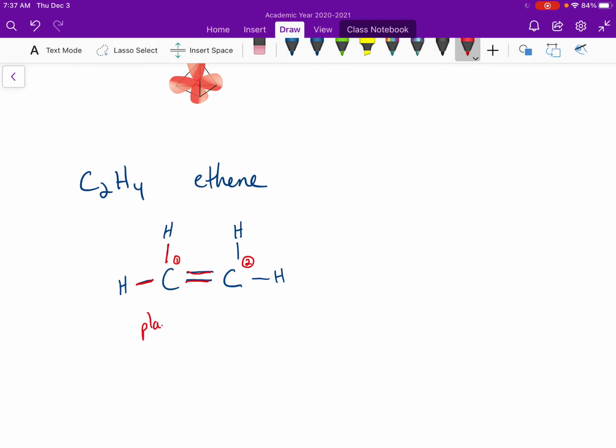So this is actually going to be planar, flat. Now look around carbon 2. This one also has 3 zones of electrons. So it's also going to be planar around that carbon, which means if they're both planar, they're going to be planar together, which means this whole thing is going to be planar or flat.